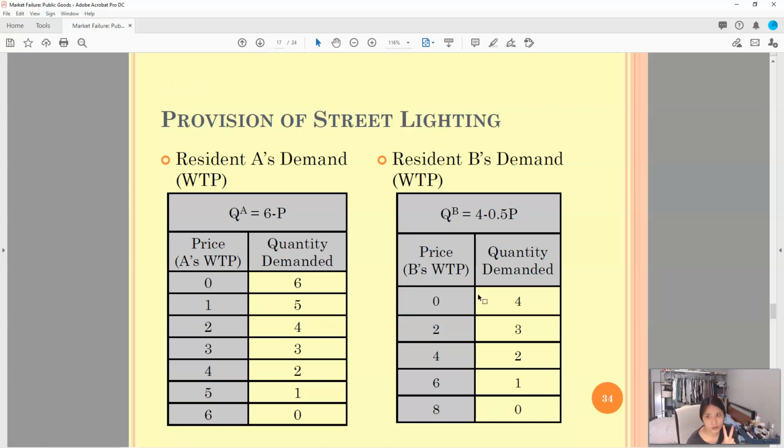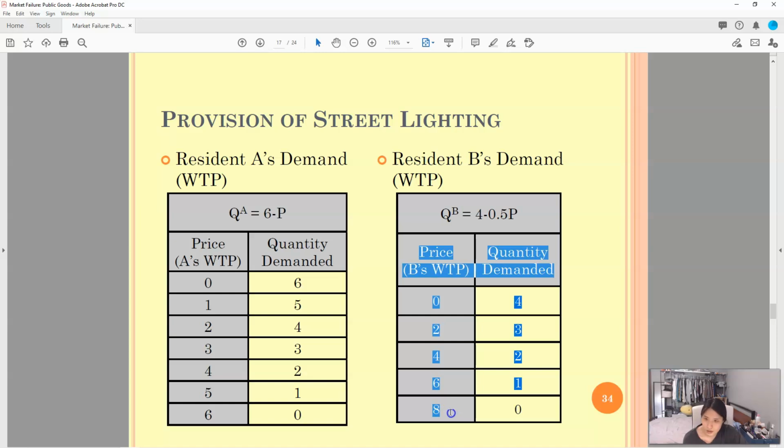So suppose there are only 2 residents, A and B, and here is A's demand function for a street light, and here is B's demand function for a street light. At each level of price, A's demand would change. And at each level of price, B's demand for street lights would also change, right?